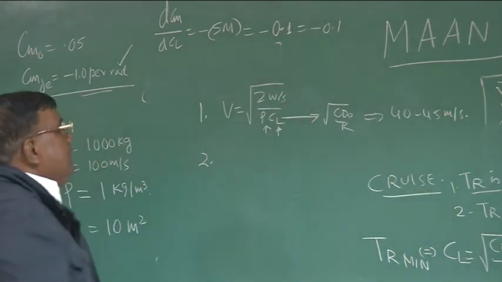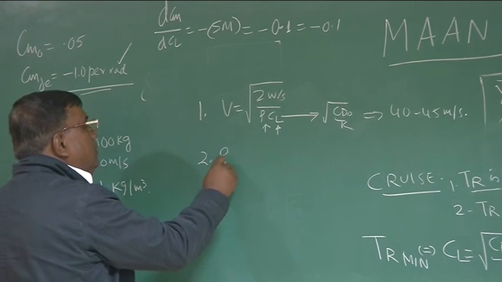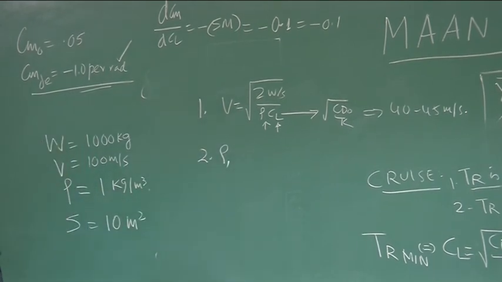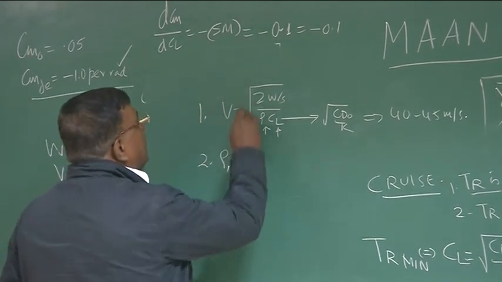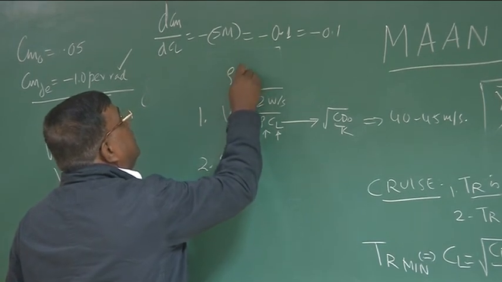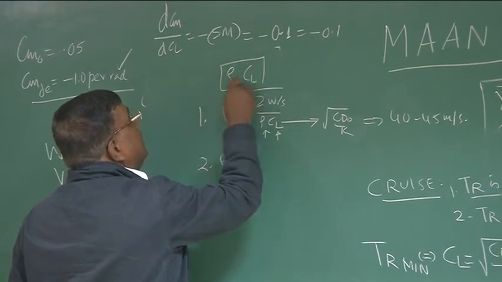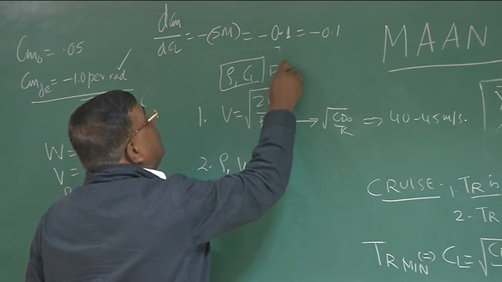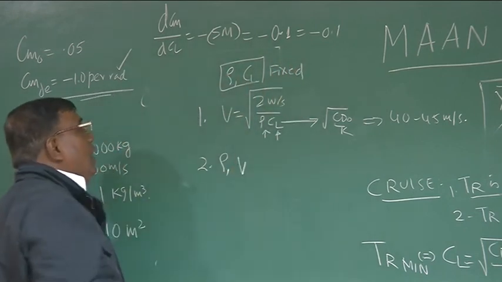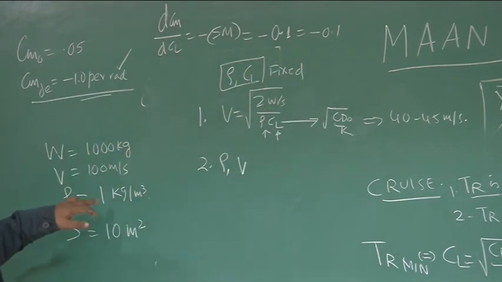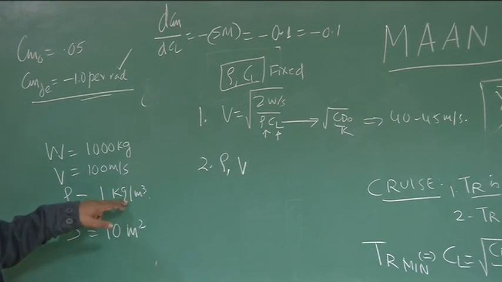Second problem is, you fix rho, right, and you fix V. What was fixed here? Here rho was fixed, CL was fixed, right? Repeat, rho was fixed because the altitude was fixed, which corresponds to density 1 kg per meter cube.